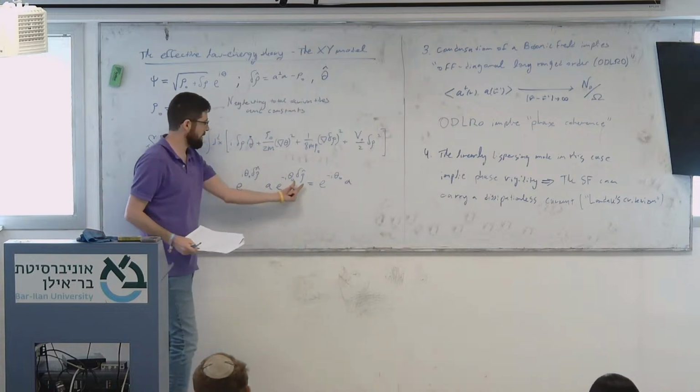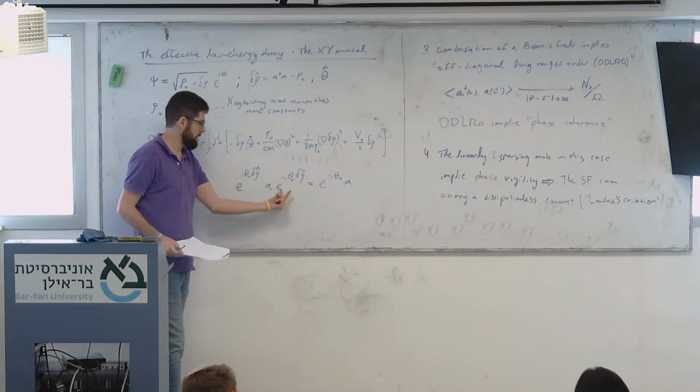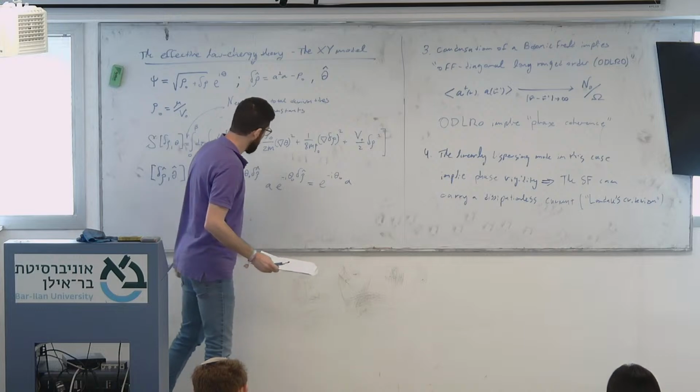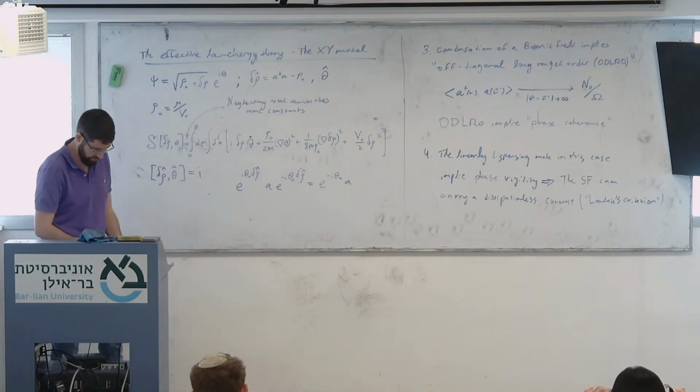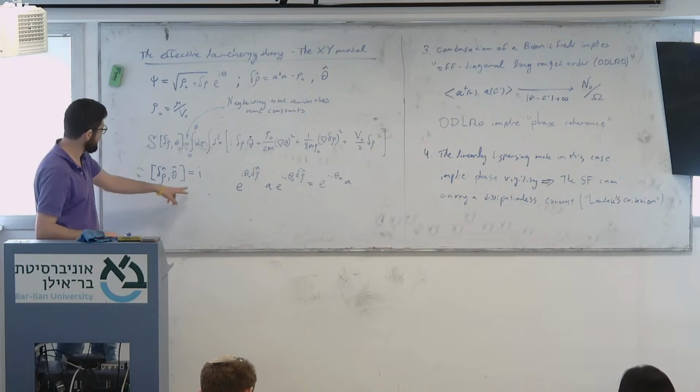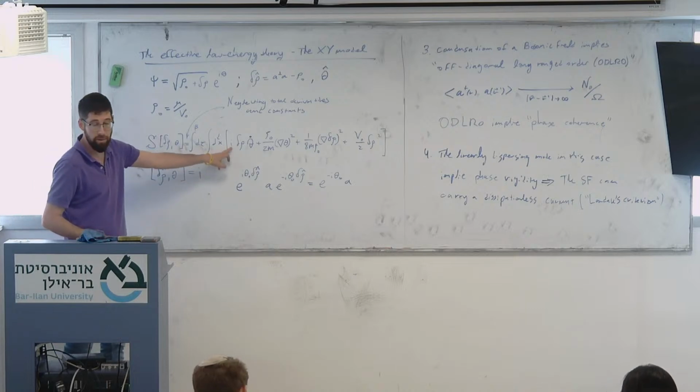So you see that delta rho is the operator that generates a phase shift to A. So that's maybe a way to understand this. And this is I, by the way, because of this I here.